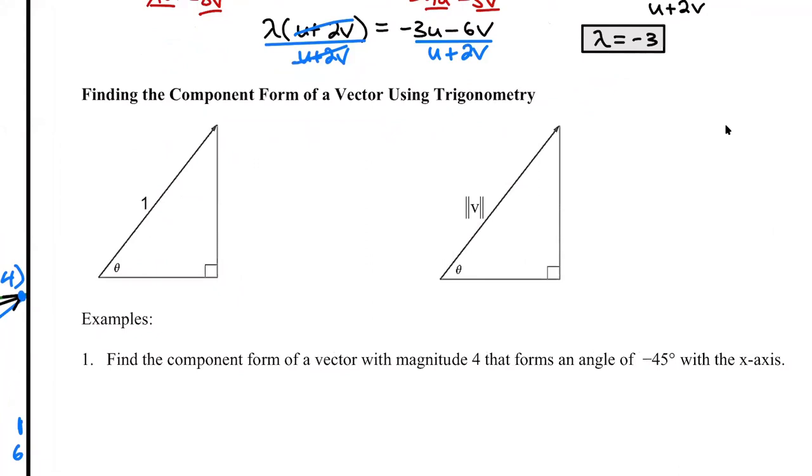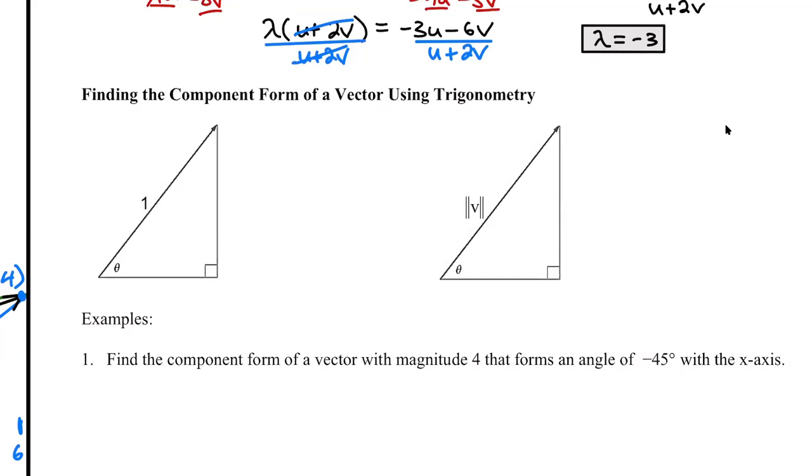If we want component forms of a vector using trig, then we're going to have to get some angles involved. In each of these cases, we have a vector. One of them has a known vector quantity, equal to 1 in that first triangle, but in the second case it's equal to some unknown value.